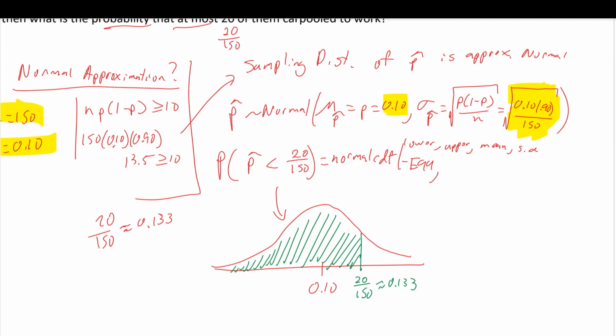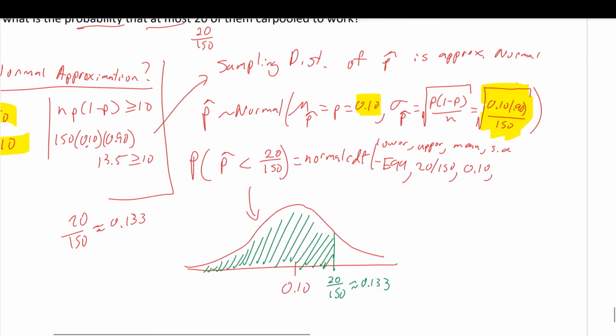The upper bound is 20 out of 150. I wouldn't put the decimal equivalent, I would just put 20 divided by 150. Your calculator can handle that. The mean here is 10%, so 0.10. For the standard deviation, we put the square root of 0.10 times 0.90 divided by 150, all underneath the square root.